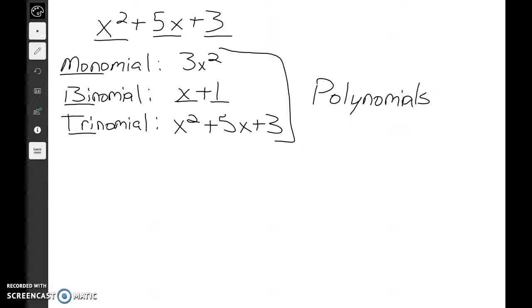Now, for it to be a polynomial, it has to have positive exponents that are not fractions and do not have variables. It's actually easier to look at what a polynomial is not. For something to not be a polynomial, we have to look at how the exponents stand.